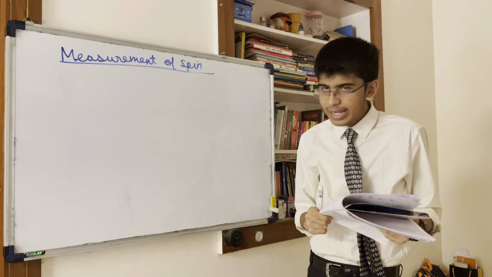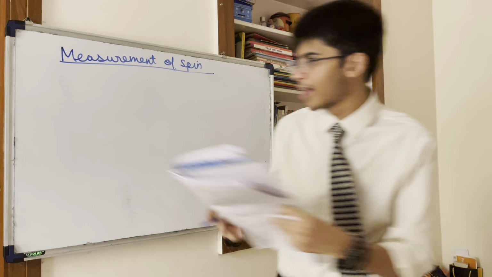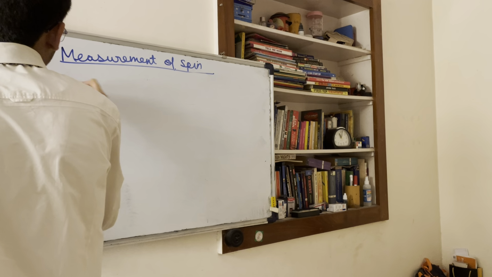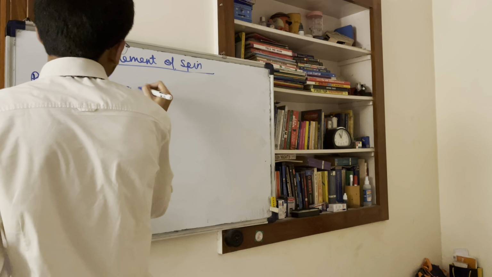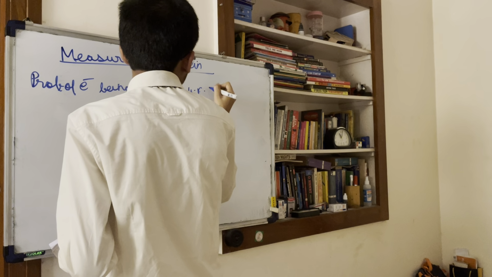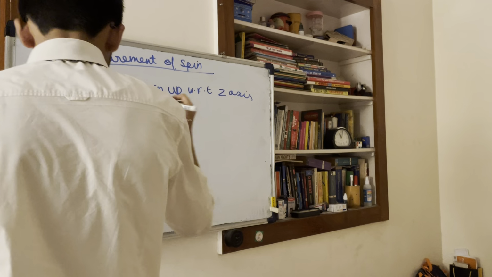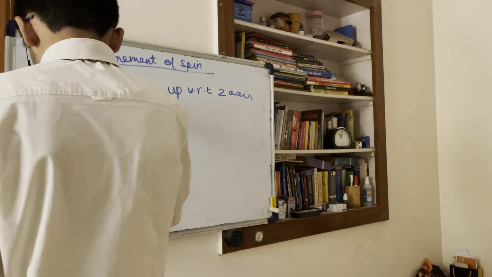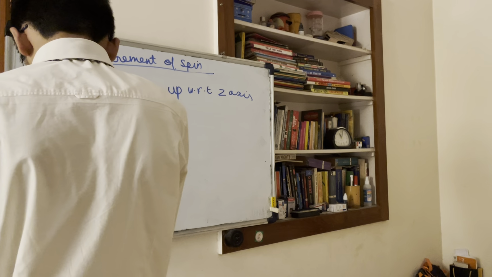So if we again take the z-axis, we can write it in terms of alpha and beta. So the probability of, let's say, the electron being spin up with respect to the z-axis, I can write using this notation.